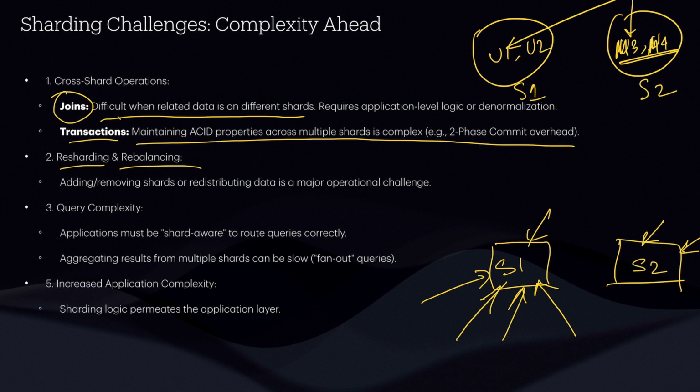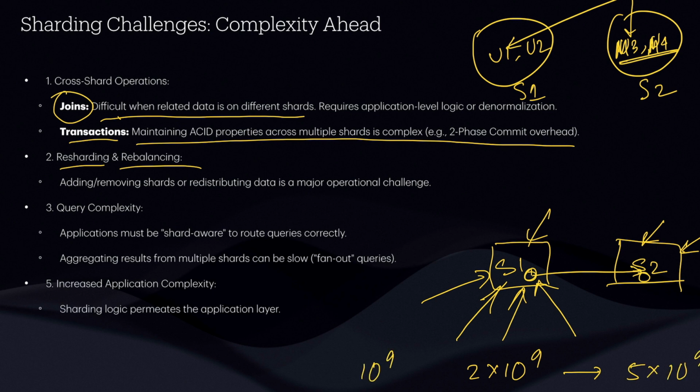In that case, what we want to do is put some keys of shard 1 into shard 2. To do that, there can be complications because moving these keys from one shard to another is not easy. And also, let's say from 2 billion records, now we are scaling up to 5 billion records.